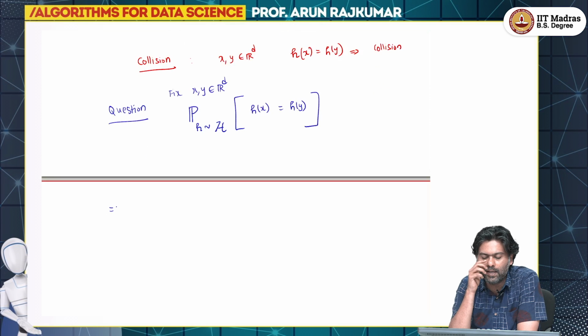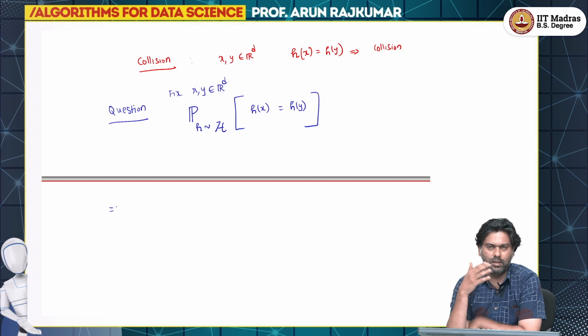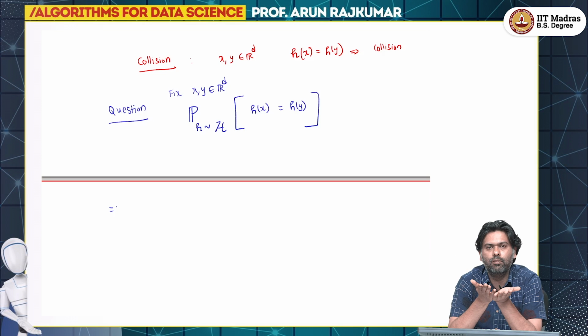Because if I somehow am able to say that this collision probability depends on the distance between x and y, that is, if x and y are close, then the collision probability is large, and if x and y are further apart, then the collision probability is small, that is, if they have an inverse relation, then I kind of have what I want.